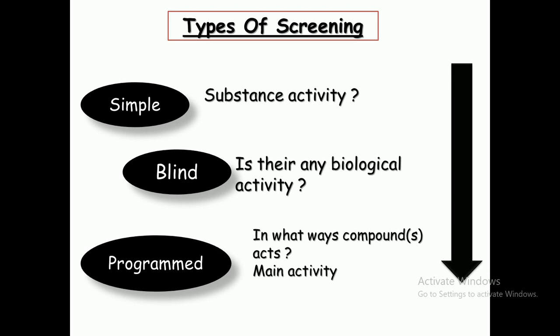For example, in a system or organ specific study, a series of testing programs is required to provide information on a compound on a specific target. It is more limited than blind and simple types of screening.